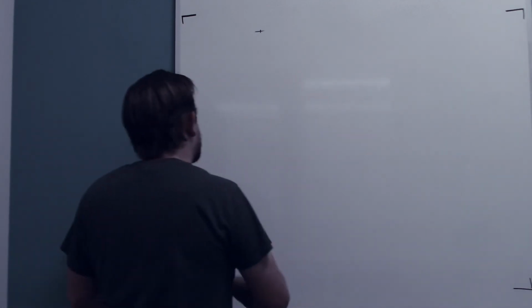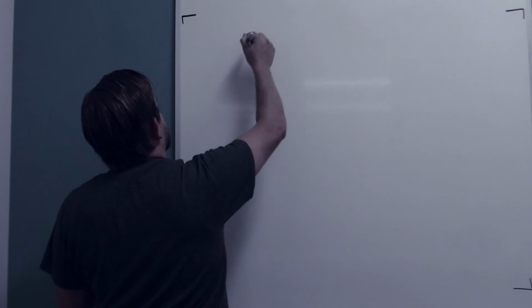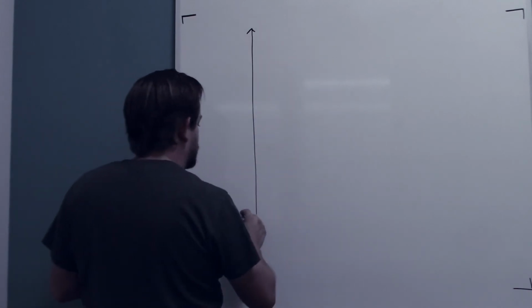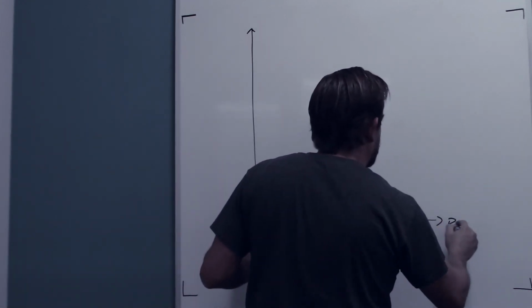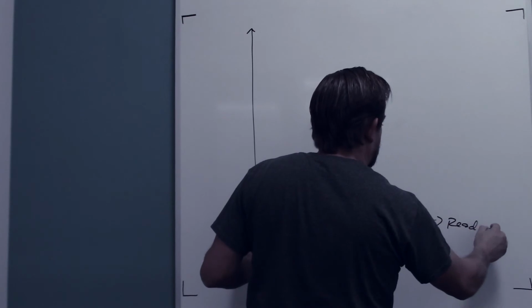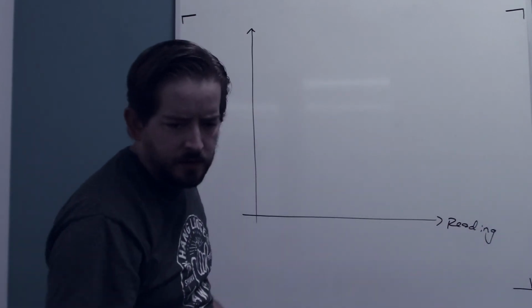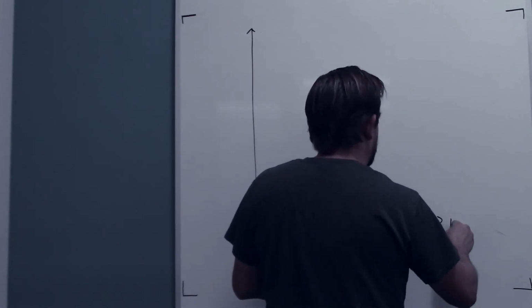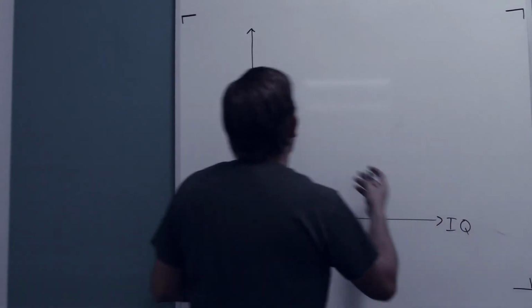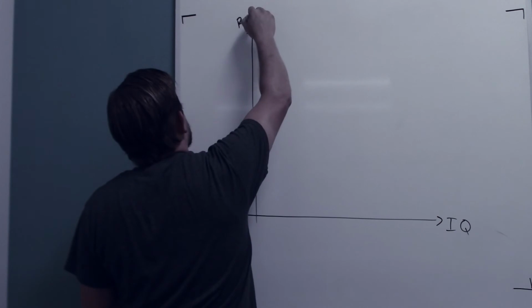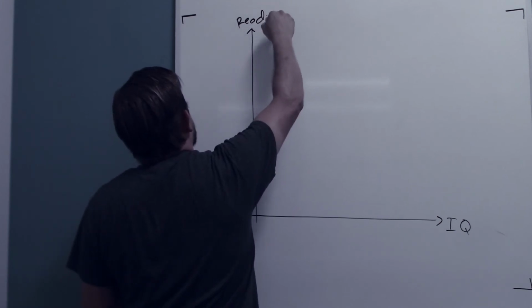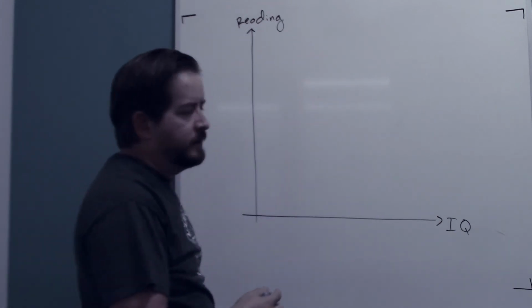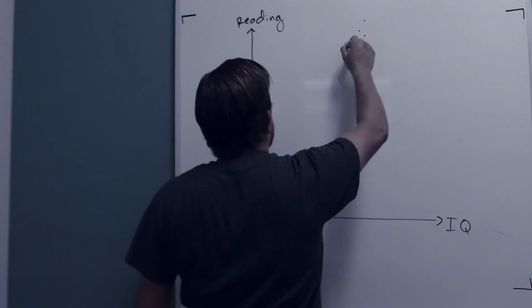So the idea is that there's a class that all goes and gets tested for reading and IQ. They get their IQ tested, they get their reading level tested, right? And we end up getting a plot that looks like this.